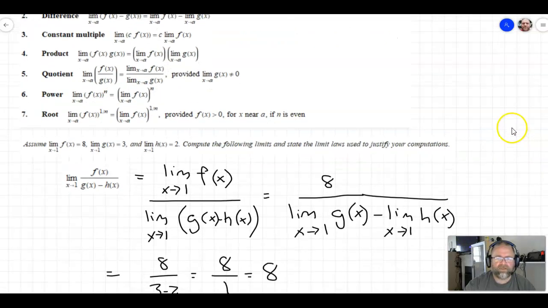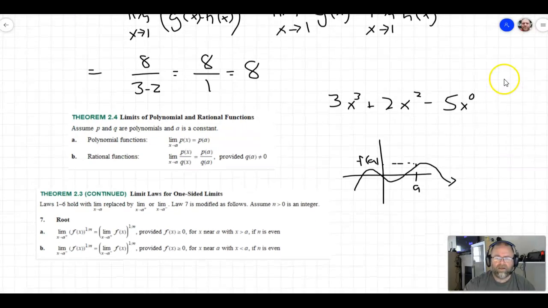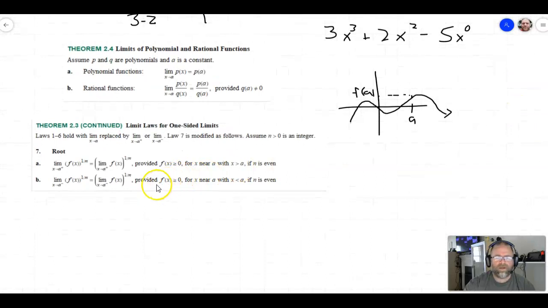That's number 7. They made a slight modification. Notice that if you're talking about the limit from both sides, our f of x has to be strictly greater than 0. But if we're just looking at one-sided limits, then it's greater than or equal to 0. So it allows the function to actually be 0.